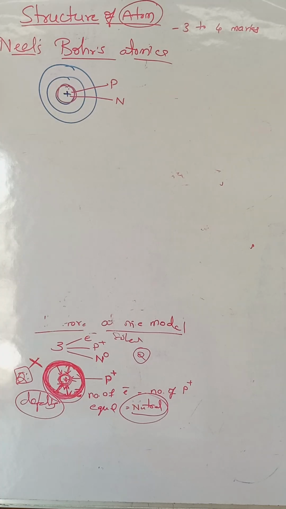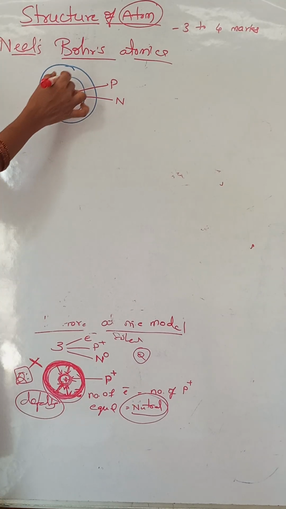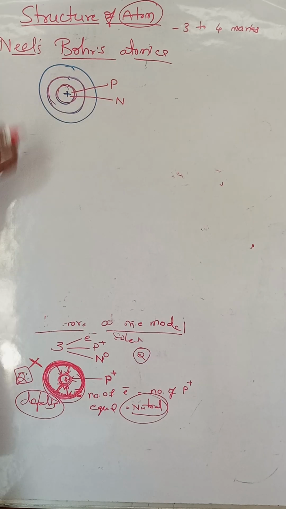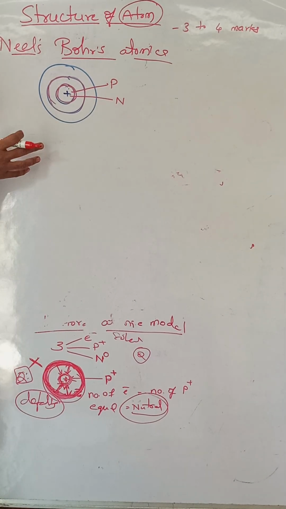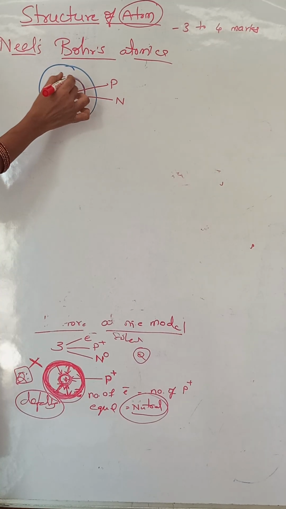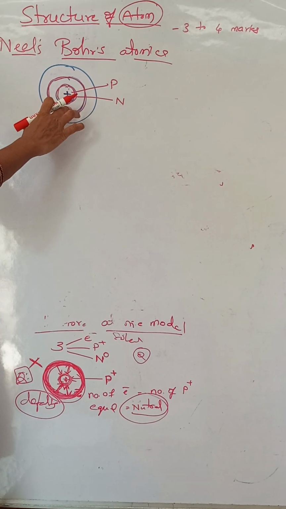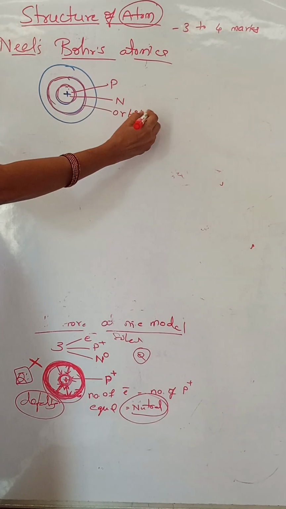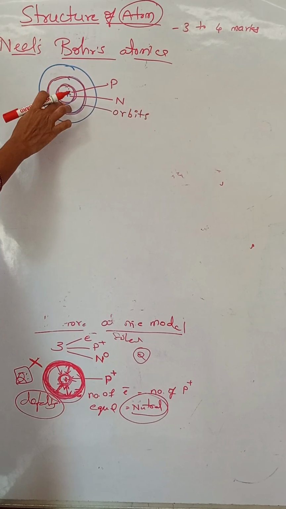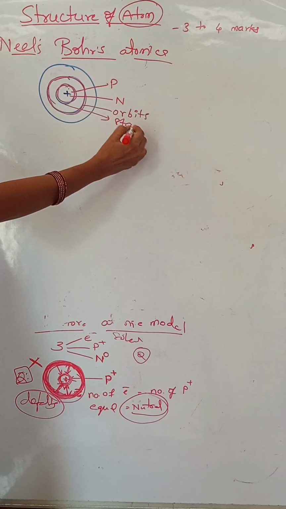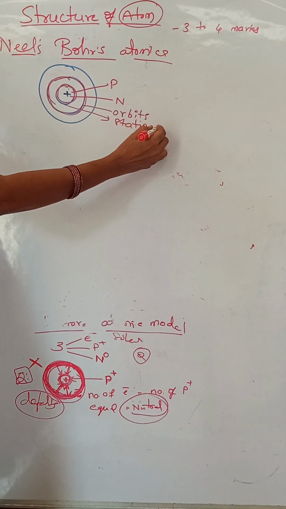However, electrons revolve in closed circular paths around the nucleus. These are called orbits. Orbits have a fixed energy, that's why they are called stationary orbits.